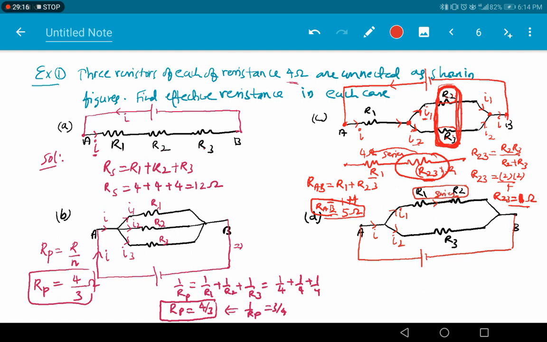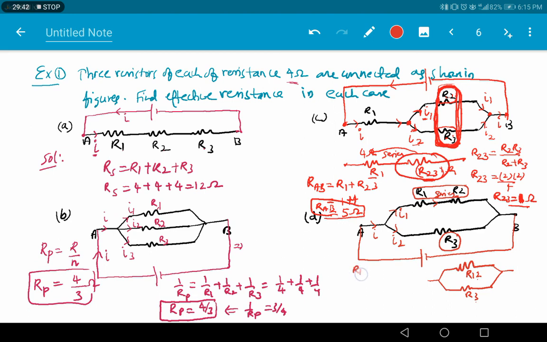Series combination. And that will be in parallel combination with R3. So we can redraw the circuit: this is R12 and this is R3. So we are making R12 as one resistor, and this is R3. Now R12 and R3 will be in parallel combination.